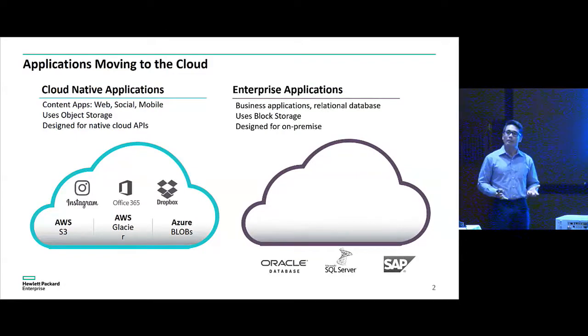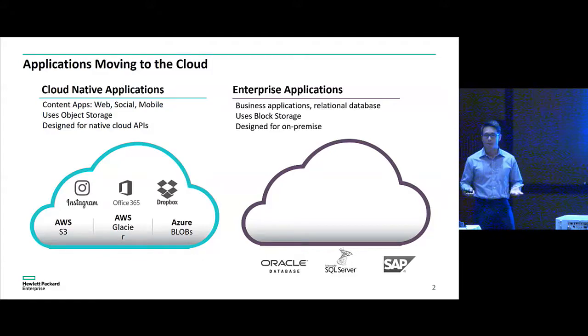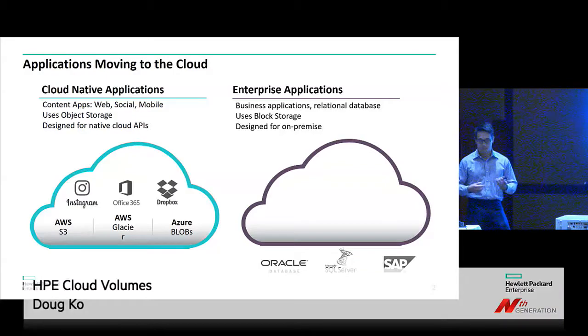The second class of applications, and this is the area we have chosen to focus on with HPE Cloud Volumes, is the enterprise applications. These are more of your traditional business apps: your ERPs, your relational databases, all foundational in what most enterprises do for a lot of their back-end business systems.